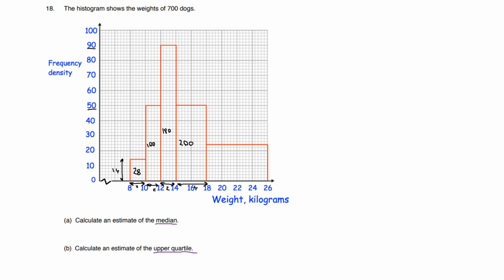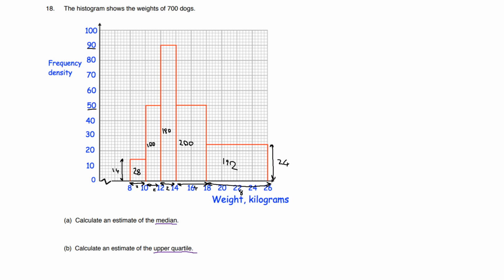And finally, this last one, we can see that this has a frequency density of 24, and it goes 1, 2, 3, 4, 5, 6, 7, 8 across. 24 times 8 is equal to 192. Okay, no big deal.